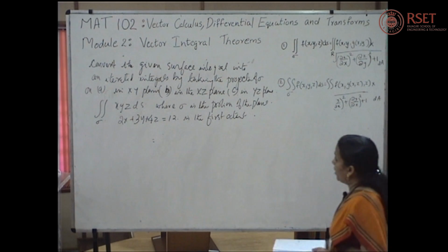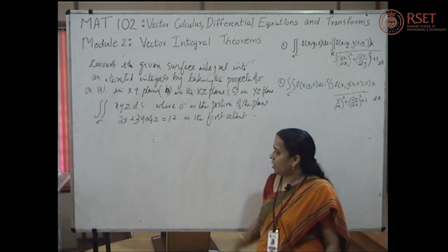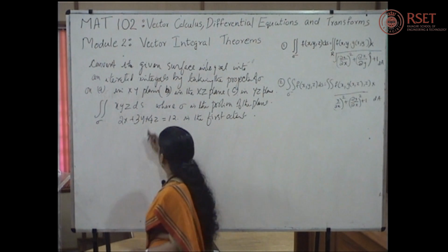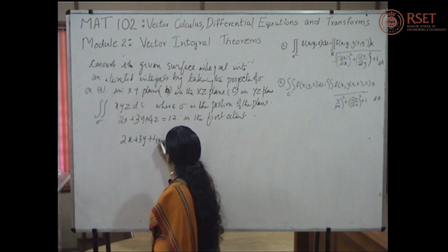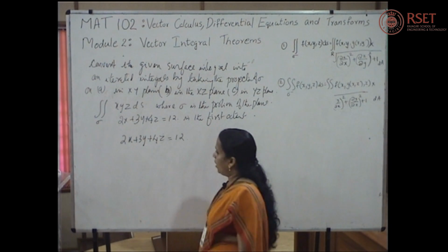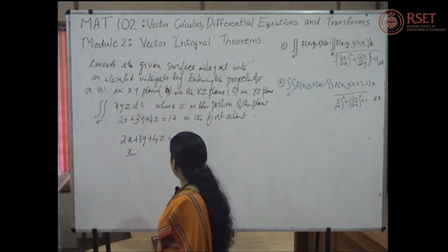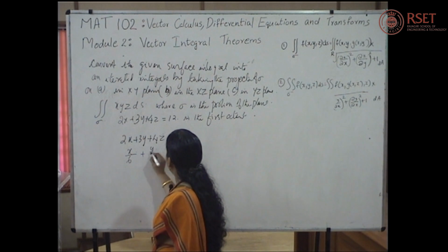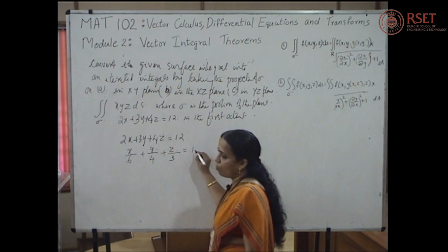We can identify the surface 2x plus 3y plus 4z is equal to 12. If we divide by 12, x divided by 6 plus y divided by 4 plus z divided by 3 equals 1.